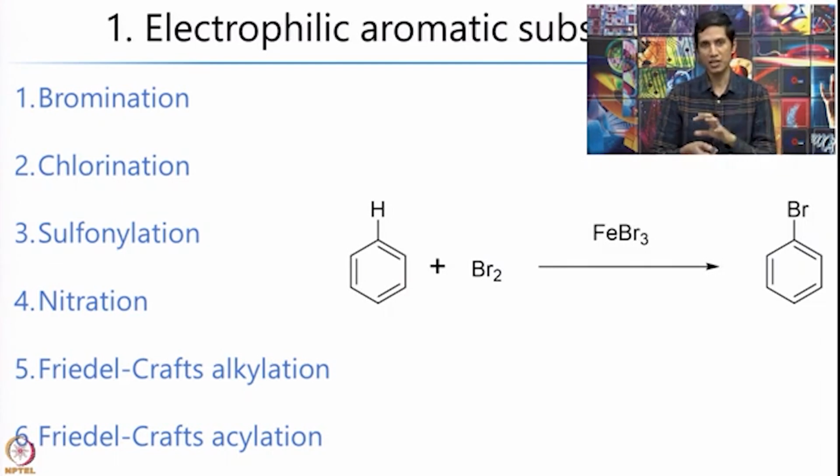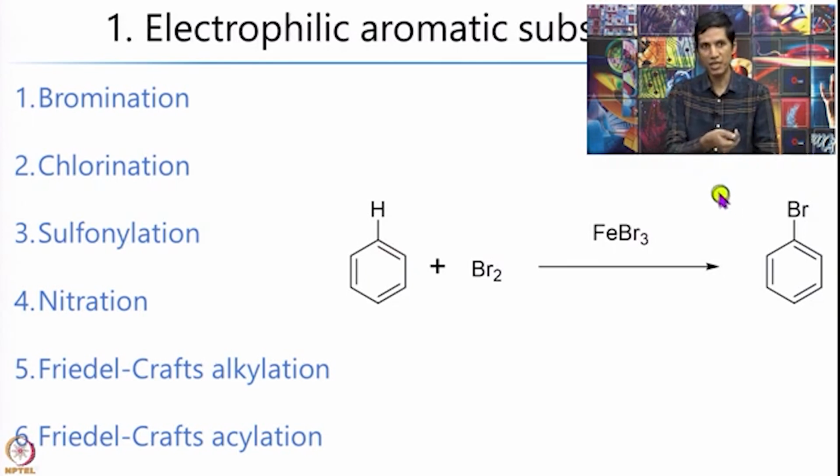So this is a typical general kind of reaction where an aromatic system reacts with an electrophilic reagent, which could be generated by itself or in the presence of a Lewis acid as a catalyst, and that would lead to a substitution of one of the hydrogens on the aromatic system by the corresponding electrophile, which could be a bromine, chlorine, SO3H or NO2, or any kind of substituent.